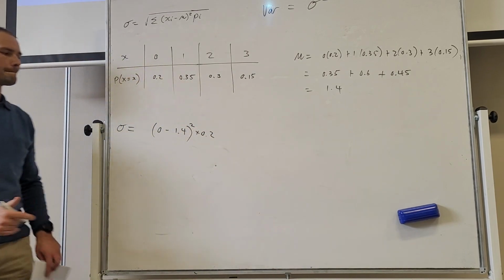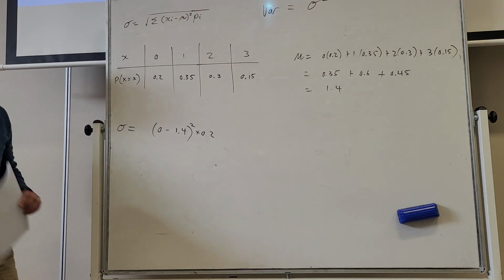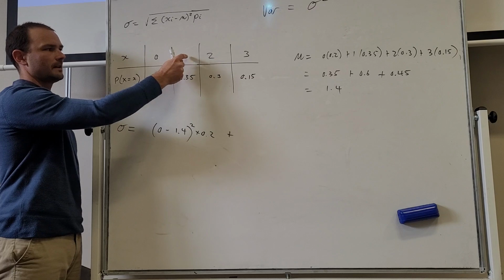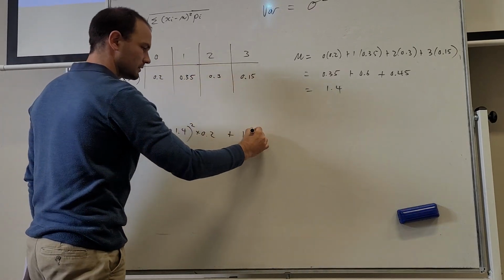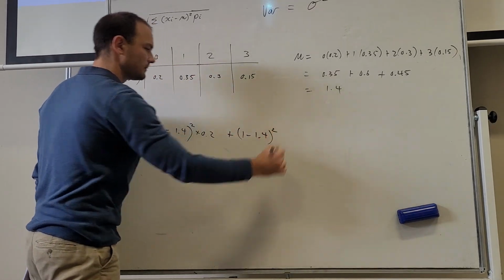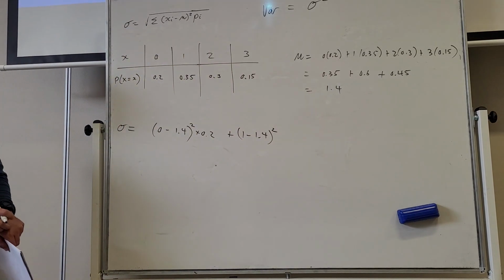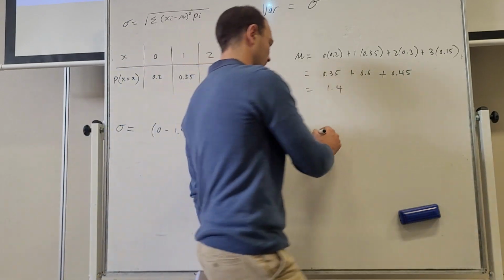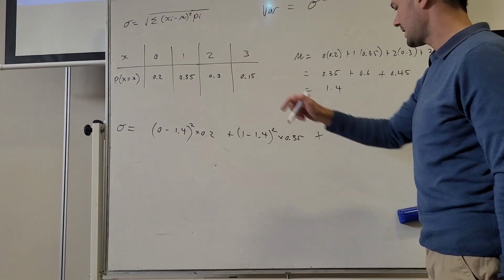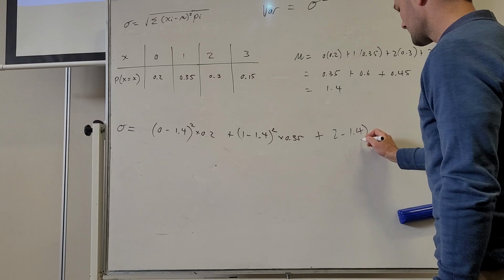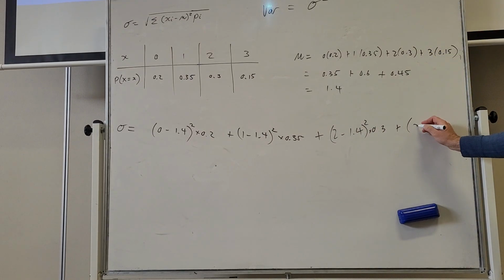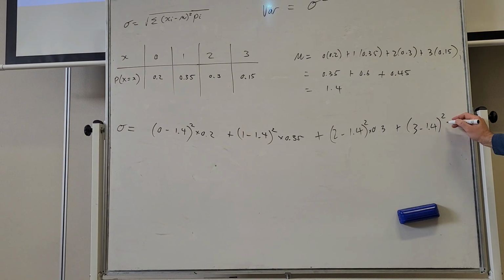Okay? Plus, because it's the sum of, all right, plus, we move on to the next event. That event, take the mean squared, and then multiplied by the probability of that event, and we'll keep going. 2, take the mean squared, multiplied by 0.3, and 3, take the mean squared, multiplied by 0.15.